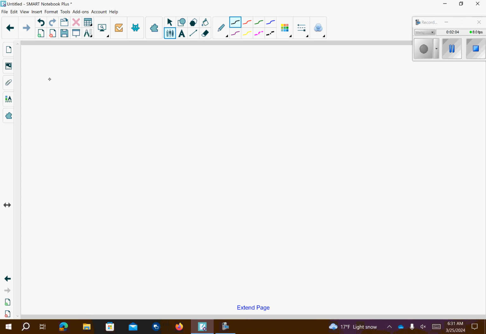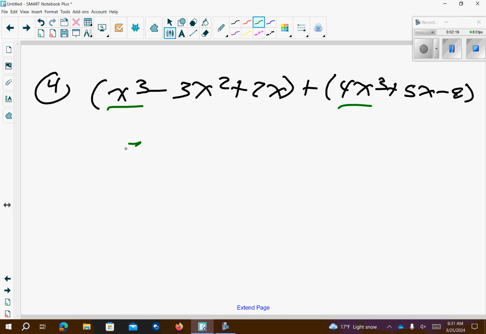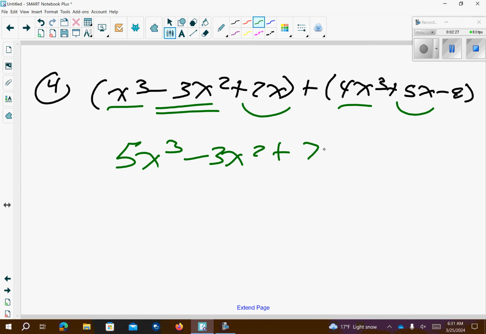Number 4, we get x to the third minus 3x squared plus 2x plus 4x to the third plus 5x minus 8. So we can just go ahead and drop the parentheses. Let's combine like terms. So that's 5x to the third, minus 3x squared, plus 7x, and then minus 8.